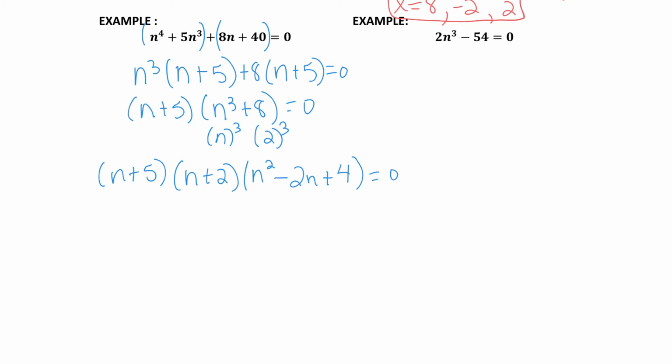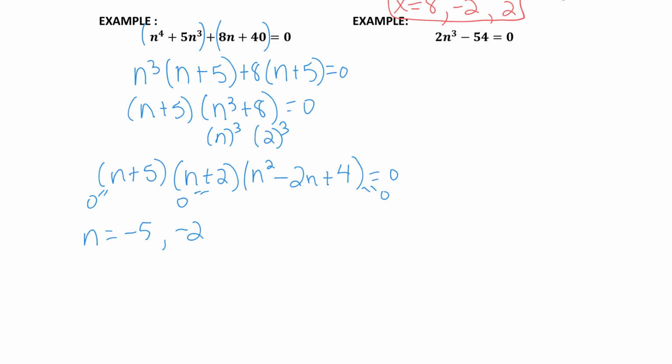Okay, now, this is all well and good for the first 2, right? We would set those equal to 0. We'd get n equals negative 5. We would set this one equal to 0, and we'd get n equals negative 2. But when we set this quadratic equal to 0, I can't solve it and I can't factor it any further, so you would use the quadratic formula.